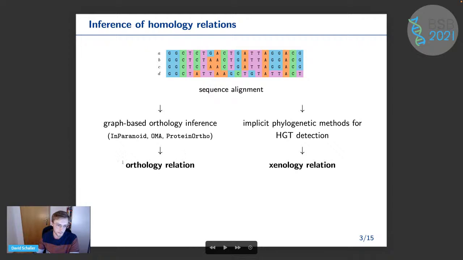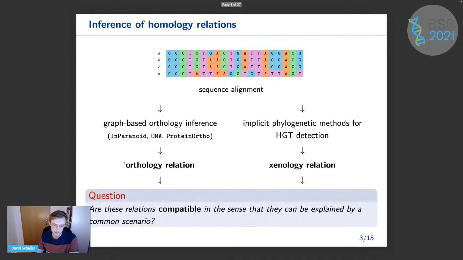For orthology, this would be the graph-based inference method. On the side of xenology, we have, for example, the group of implicit phylogenetic methods. Both of them are not perfect, but for the moment, let's assume that we can use them to get estimations of both relations. In the first part of my talk, I will talk a little bit about the structure of orthology and xenology and generalizations of them.